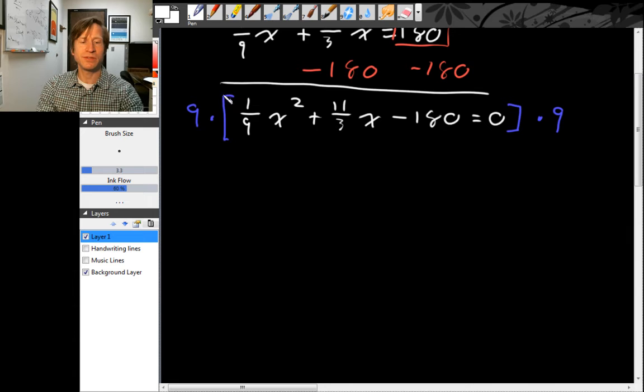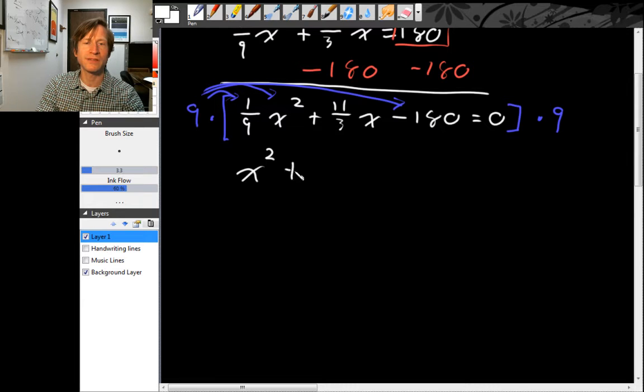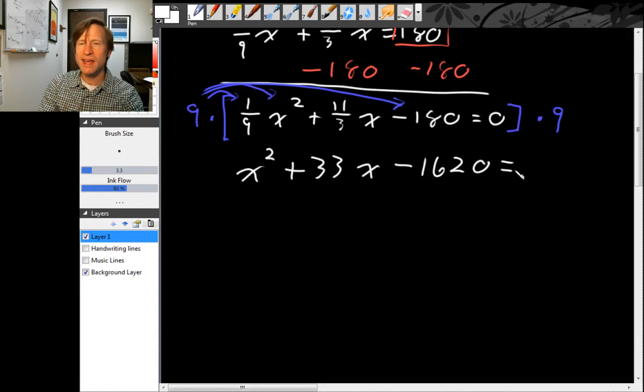So when we distribute this 9, 9 times 1 over 9 is 1, so that's just going to give us x squared plus, and then 9 times 11 over 3 is 33 times x minus 9 times 180, so you can either work that out by hand or just use a calculator. It's 1,620. And on the right-hand side of the equation, 9 times 0 is 0.